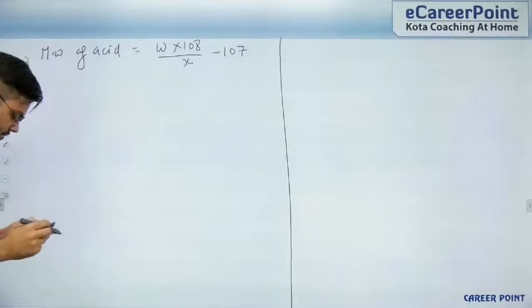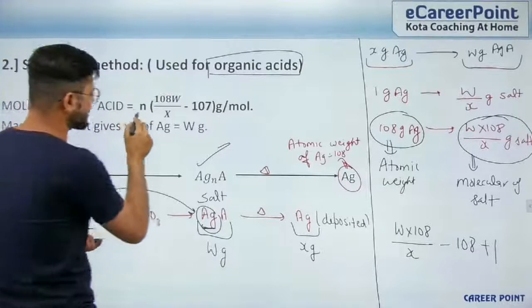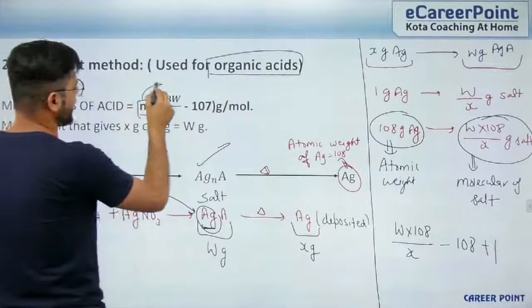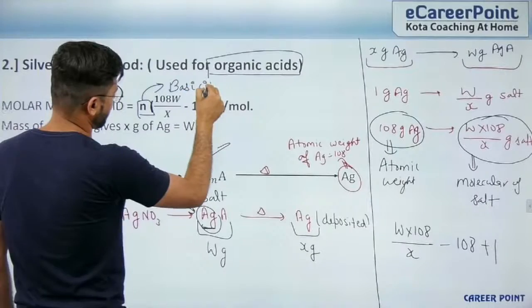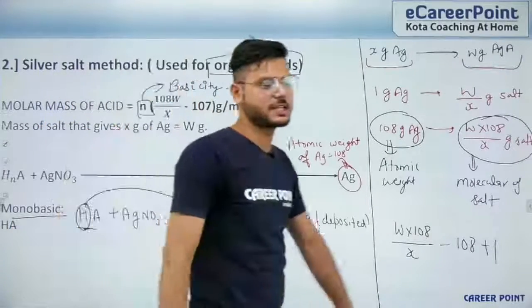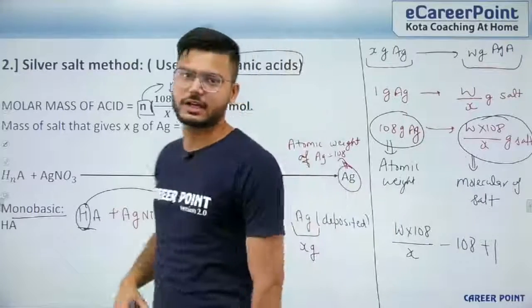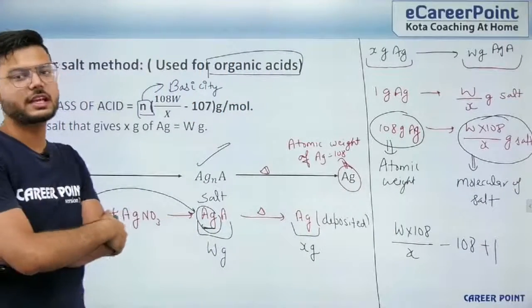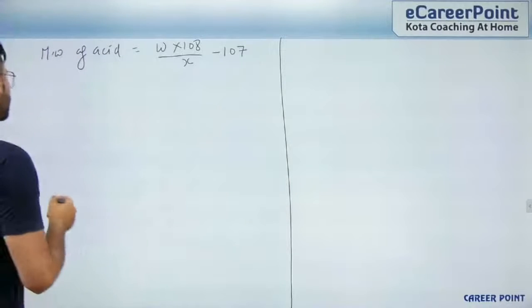Now let's see. Now you people will be surprised, then what is this n value? See, this n value is the basicity of the acid. Okay, so this n value is the basicity of the acid. Now if we have dibasic and tribasic, then what will happen?